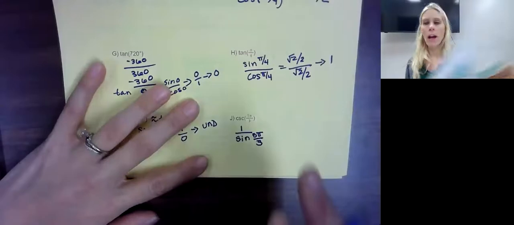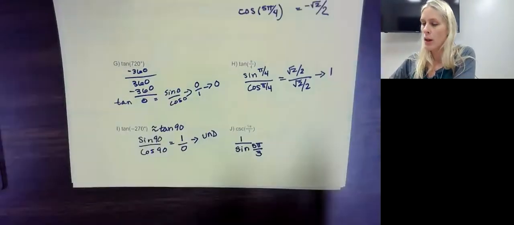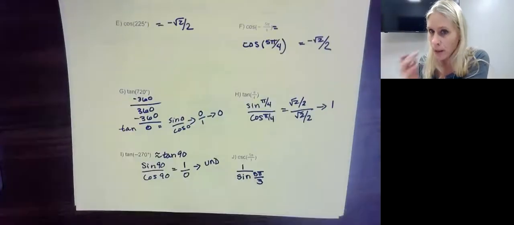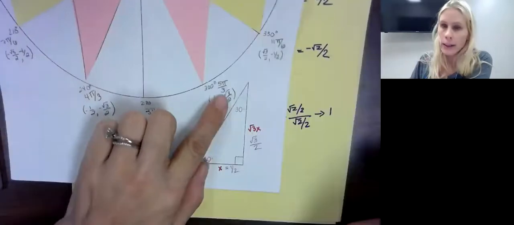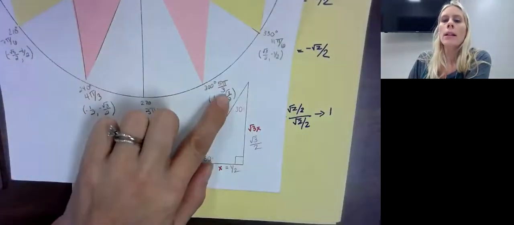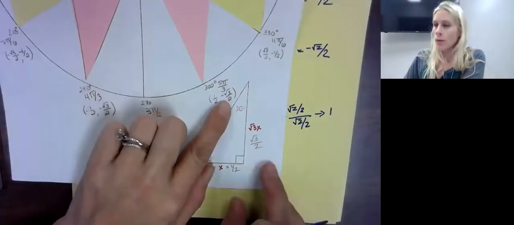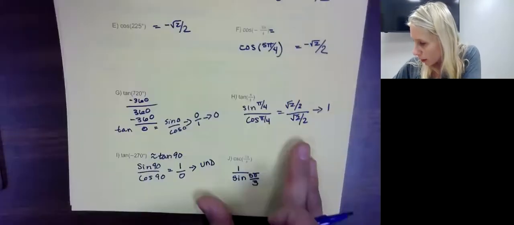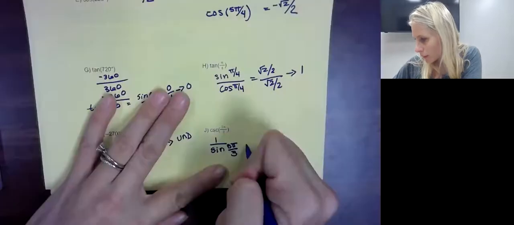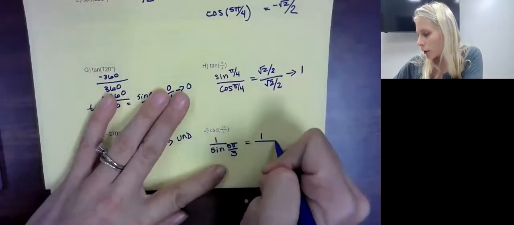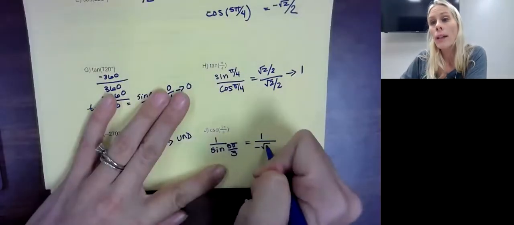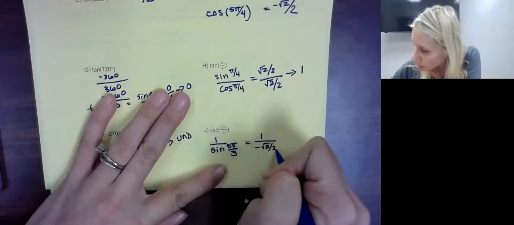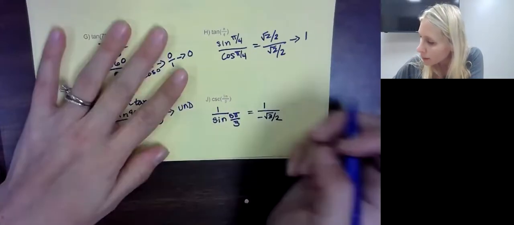So let's find 5 pi over 3 in the unit circle right here. Okay? So we're looking for sine, right? So look at sine, and we get negative square root of 3 over 2. So really, we're looking at 1 over negative square root of 3 over 2.